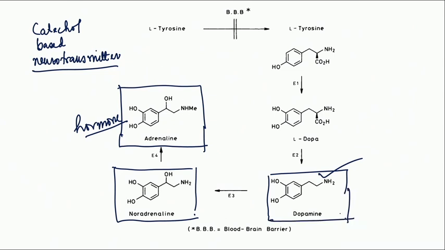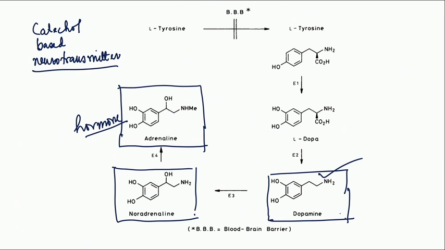Whenever we study neurotransmitters like this, if there is a problem in the concentration of these neurotransmitters, then we have diseases. To keep the concentration of dopamine or noradrenaline or even adrenaline at the optimum level, you have to know the biochemistry or the biosynthesis of these molecules.